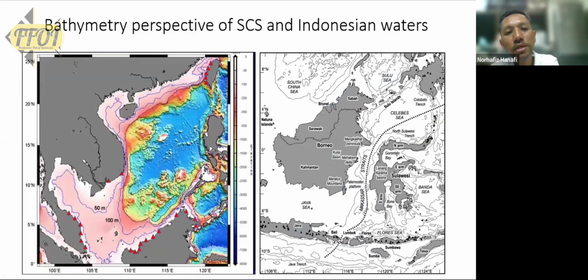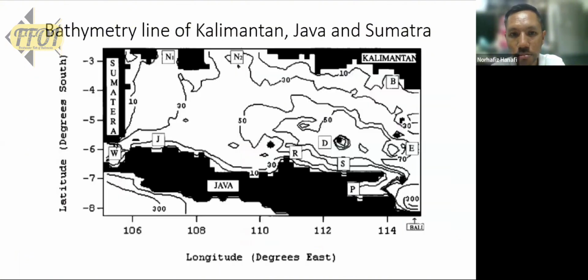Okay, so the bathymetry perspective from SES, and bathymetry from Kalimantan, Borneo, and Java Sea. So you can see bathymetry line of Kalimantan, Java, and Sumatra. You can see it's quite shallow. You nampak tak? Dia just 50, 30 meter, 10 meter, 10, 20.